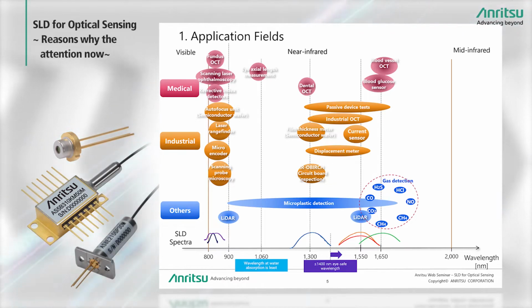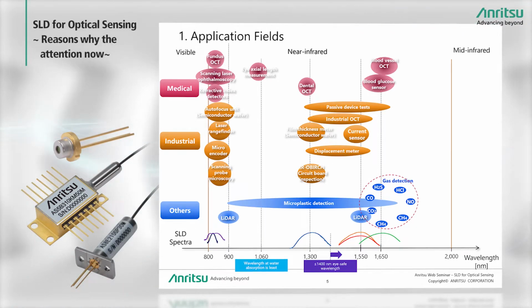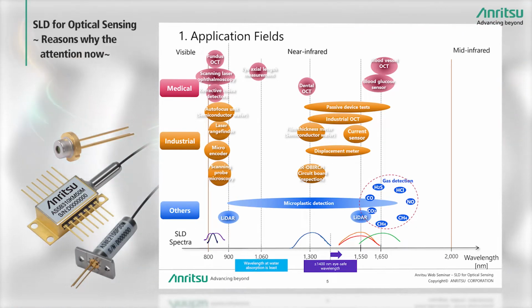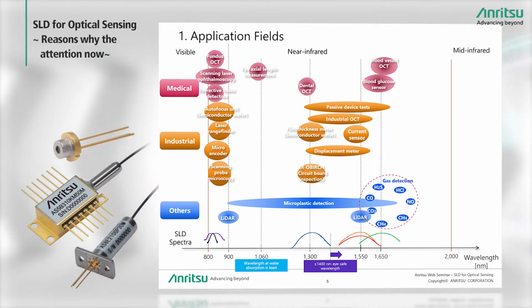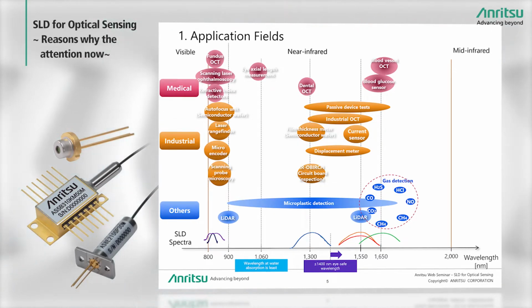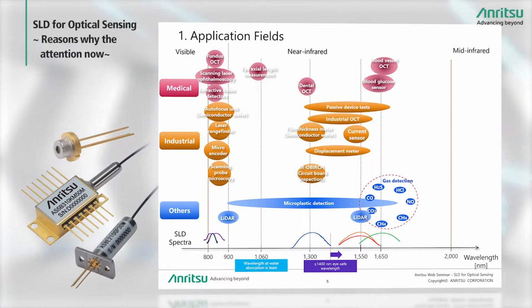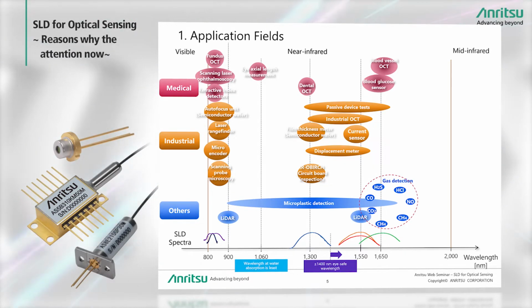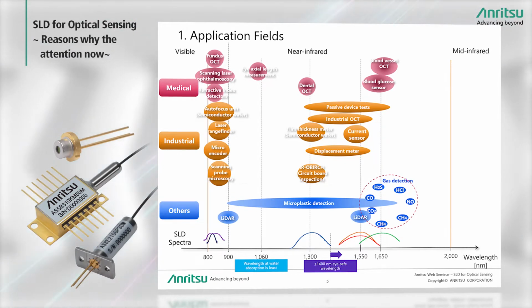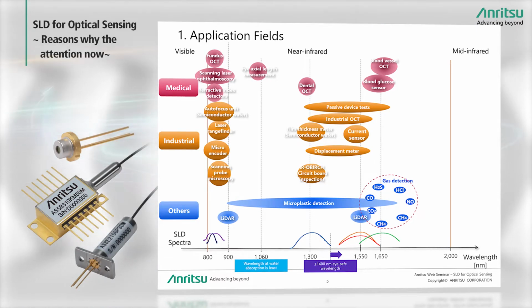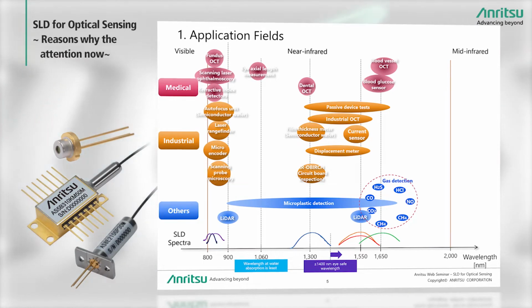The lower part of the figure shows the SLD spectra. Short wavelength SLDs use the 800 nanometers band, and long wavelength SLDs use the near-infrared band from 1300 to 1600 nanometers. The rest of this webinar explains how SLD is used in these application fields.